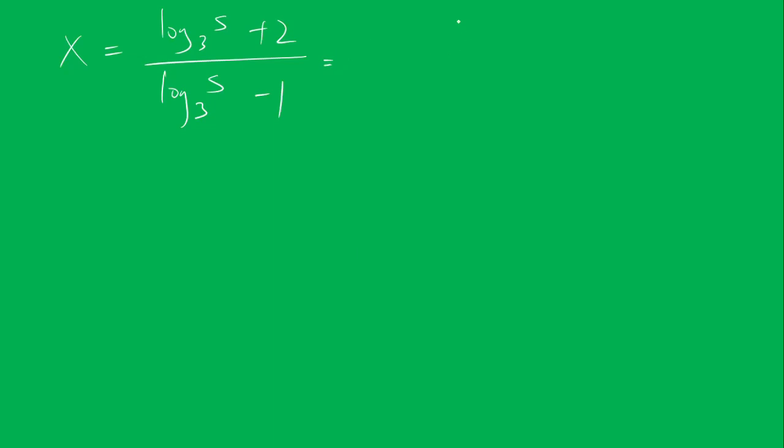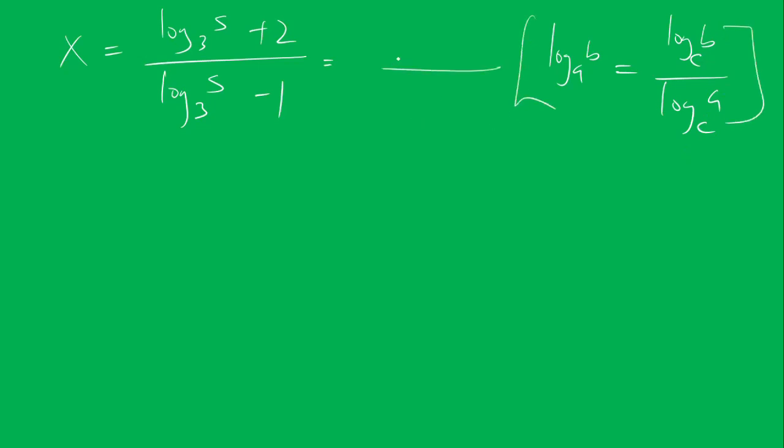There is a law to change base. Let's say you have log b base a, it is the same thing as saying log b base c divided by log a base c. Now applying this rule here, you have to change this to base 10.